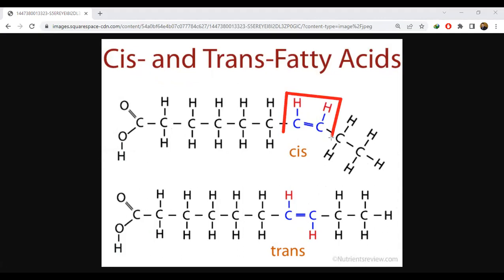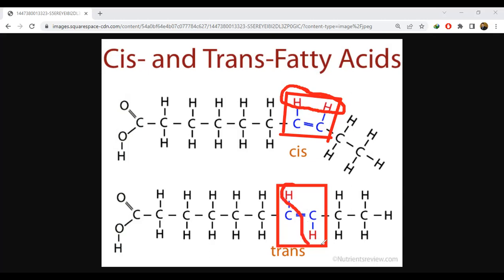Look at this group. If the two hydrogen atoms are on the same side, then it is called cis. If one hydrogen is in this way and the other hydrogen is the other way, like a cross, then it is trans.